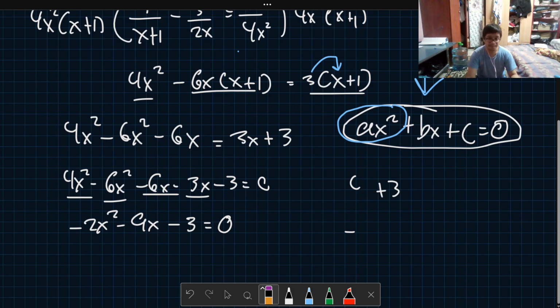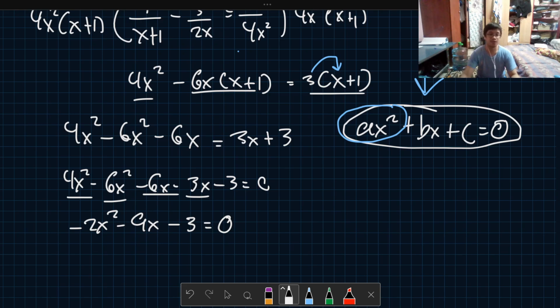However, there are moments where you can't really factor it into two binomial factors. So you can try another method, which is completing the square, or the backup formula, which is the quadratic formula.